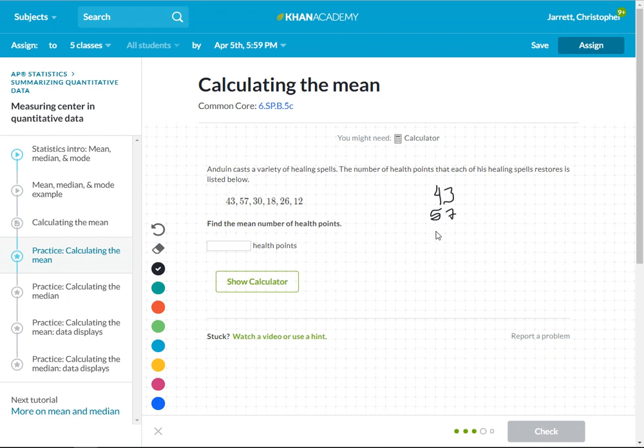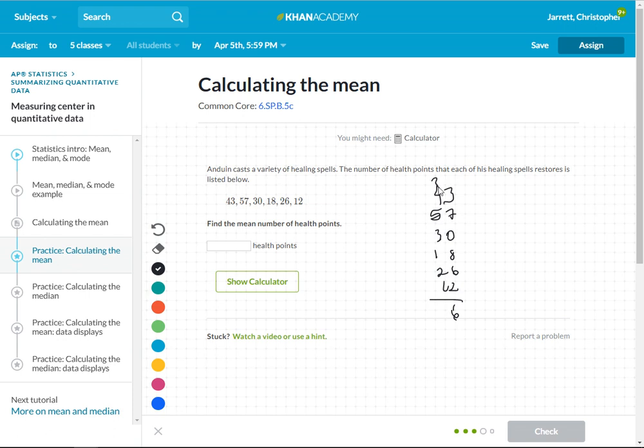43 plus 57 plus 30 plus 18 plus 26 plus 12. Make sure they're all right. And so I can see here's 10. Let's see, so 2 plus 6 is 8. Let's go down. 3 plus 7 is 10. Still 10. It's 18, 24, 26. So 6.